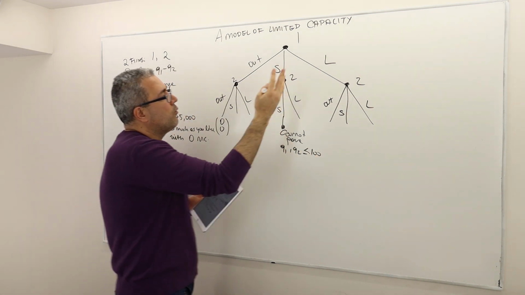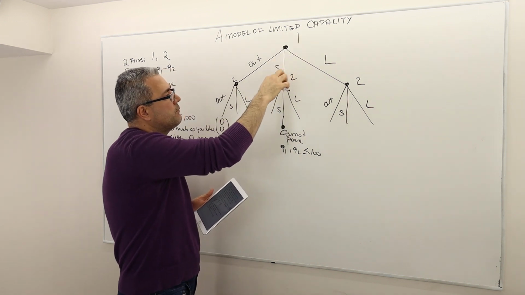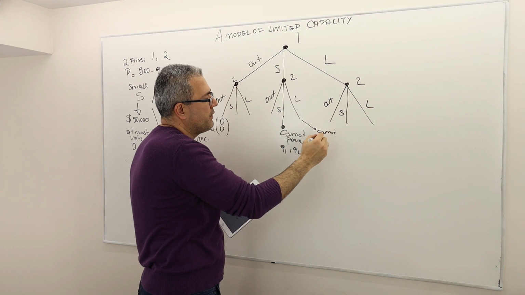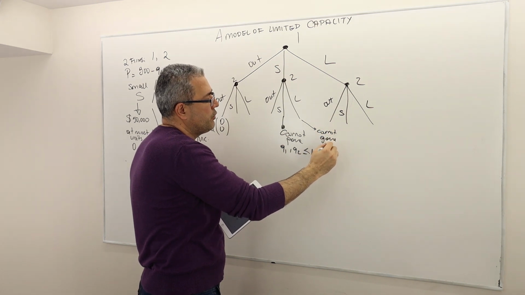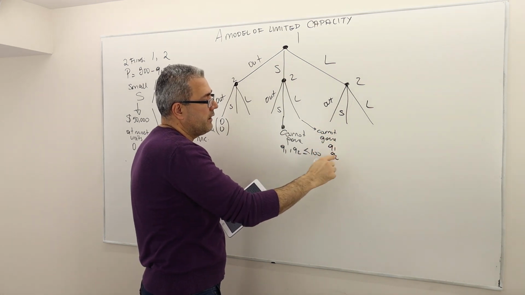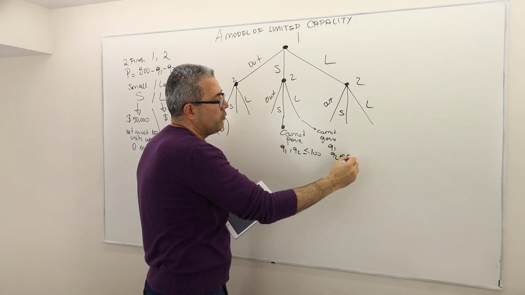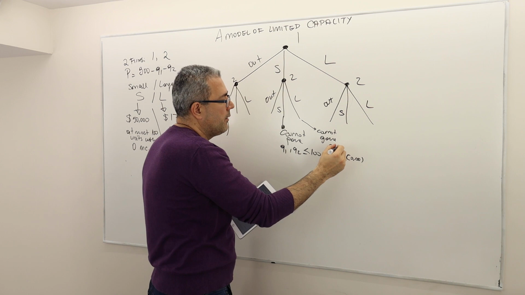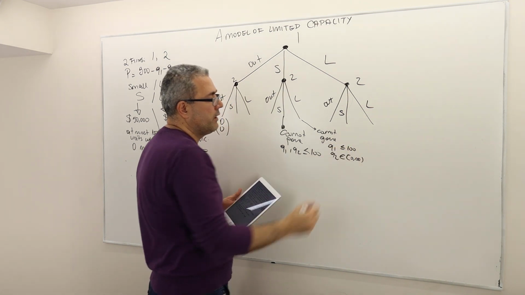What if firm 1 chooses small and firm 2 chooses large? Again it's Cournot competition, meaning they choose Q1 and Q2. The thing is, Q2 is any number between 0 and infinity because it's a large facility, but Q1 has to be less than or equal to 100.